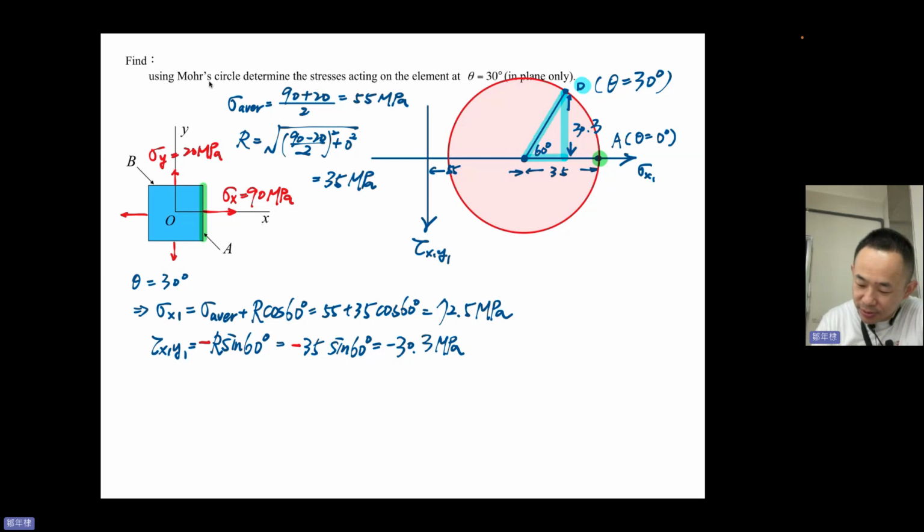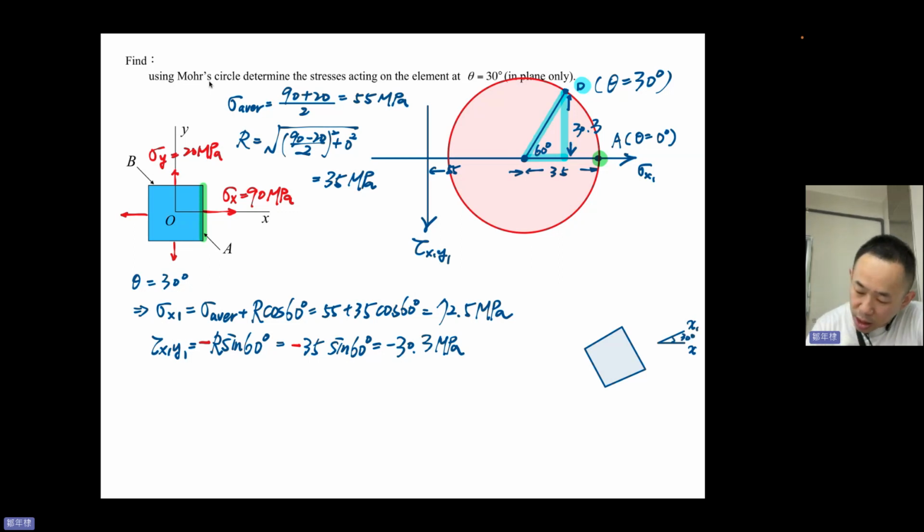Anyway, you know. And then next one. So now we can draw. Okay, this is a square. And this is x, and this is x1. So this is x, this is x1, and this is 30 degrees.